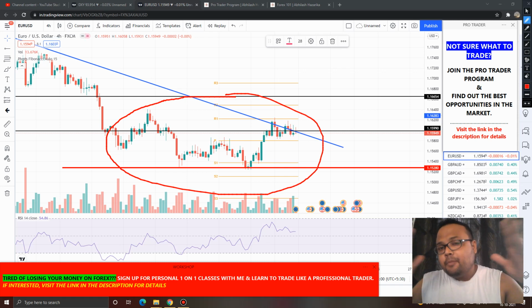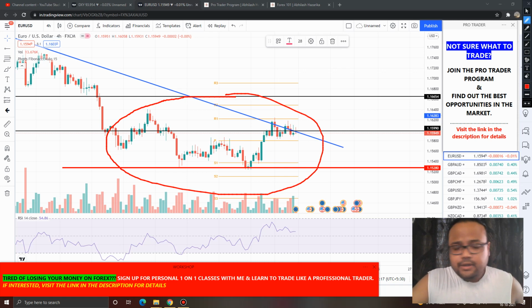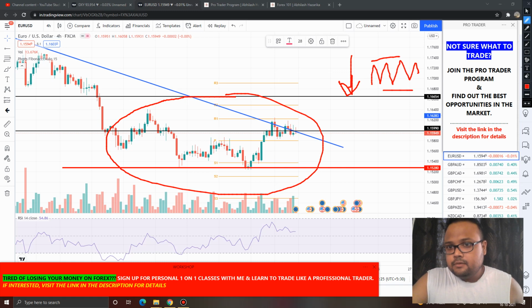Overall, sellers are dominating the market, but right now, at this particular point in time, buyers are also present in the market and they are trying their best to take the price upward. As a result, we are seeing a sideways, choppy kind of market in the present moment. So therefore, the overall trend is towards the downside and the present trend is kind of sideways. Clear?